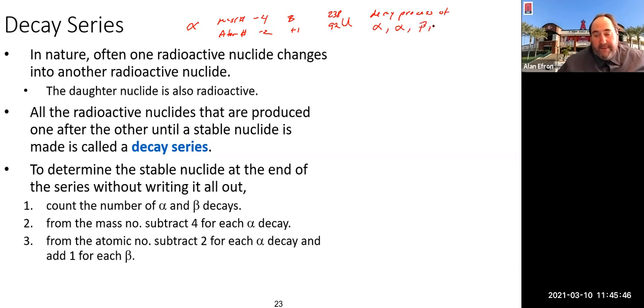The couple of different ways you can approach this type of problem is to do nuclear equations like we did earlier, step by step, and it's a good way to do it.